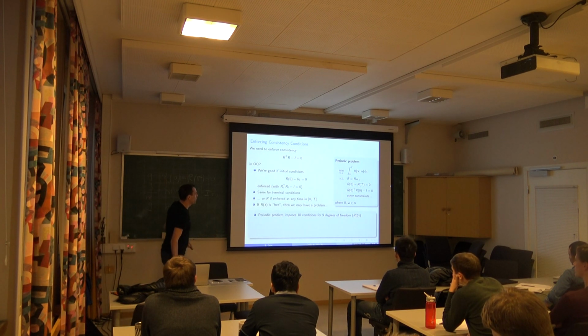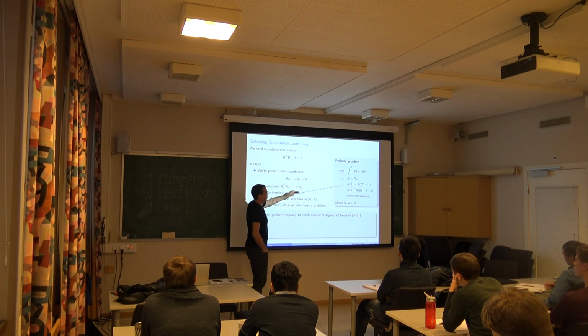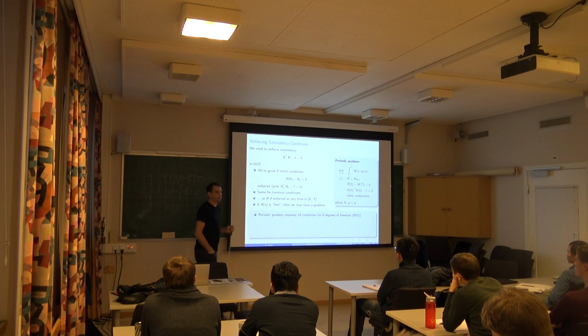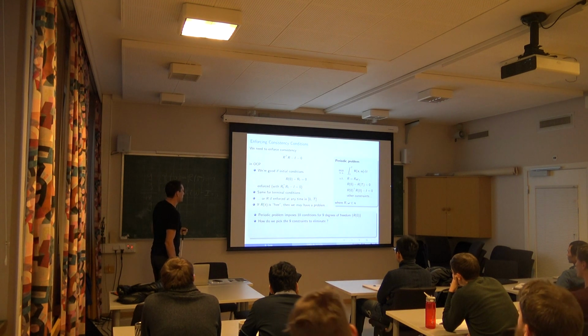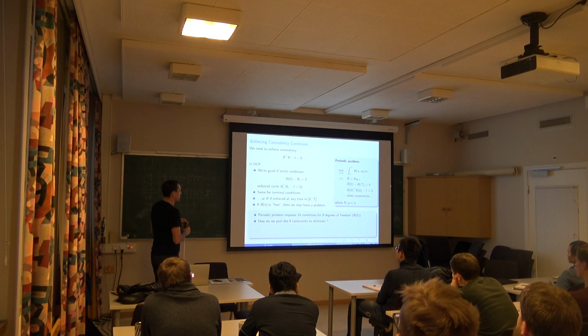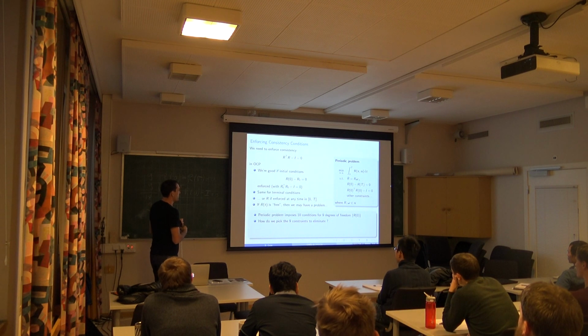So you're imposing 18 constraints on 9 degrees of freedom. That's 9 too many, right? So you actually have a problem. It's not completely obvious, you need to think a bit about it. But the bottom line is that you have 9 constraints too many, and you need to eliminate 9 constraints.